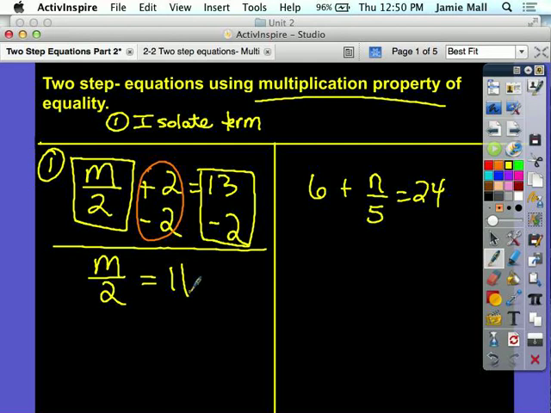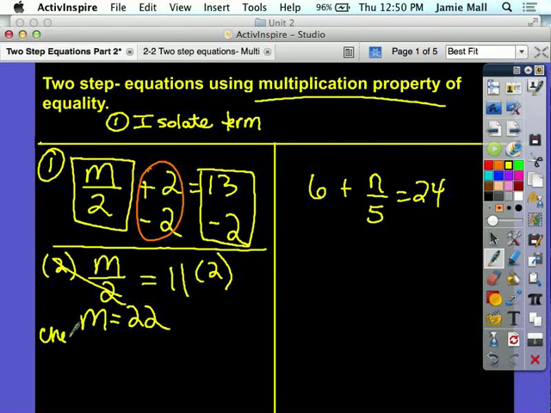M divided by 2, I'm going to use the multiplication property of equality to isolate the variable and get that variable by itself. When I multiply by the reciprocal of 1/2, my 2's cancel out, and I'm left with m is equal to 22.